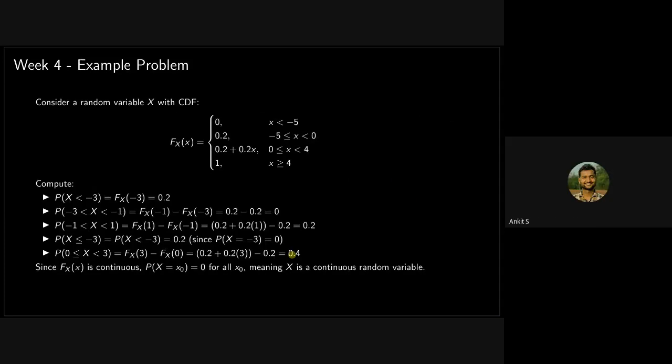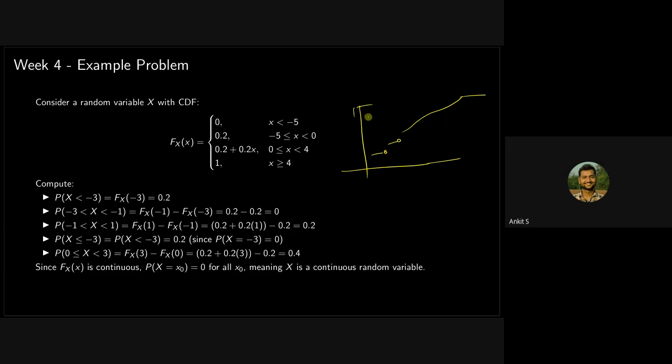So then we have an example problem. Consider a random variable x with CDF. So this is a CDF. Now it's not like black and white, right? A random variable does not need to be discrete or continuous. It can be a mixture also. So at some points there is a jump, then it is considered discrete in those regions. And in other parts it is continuous. Finally, it becomes one.